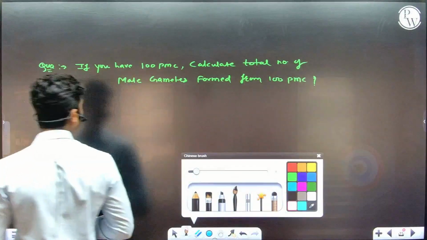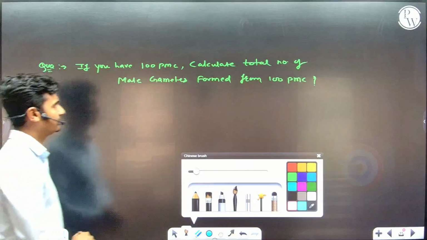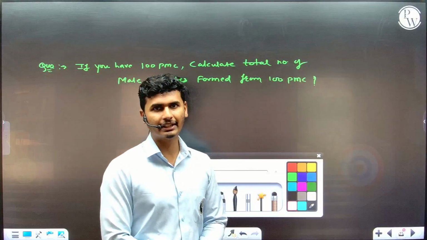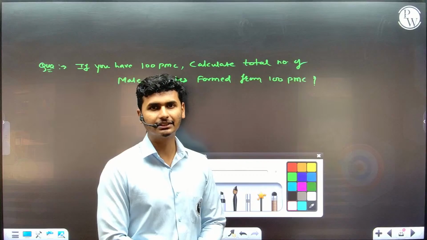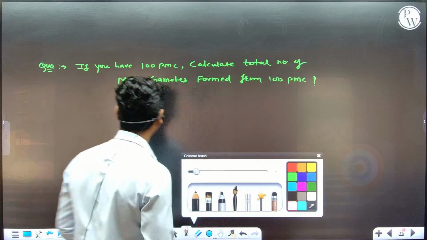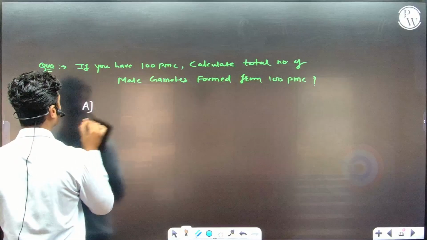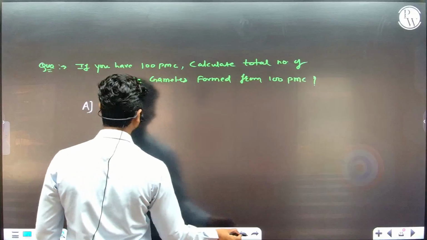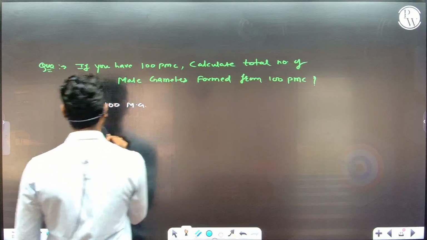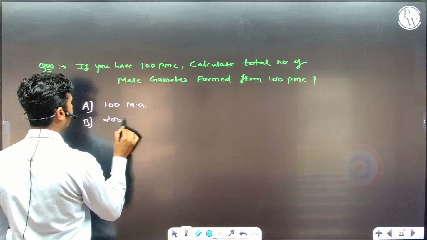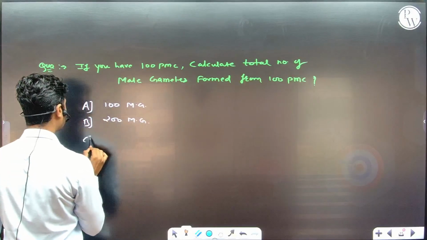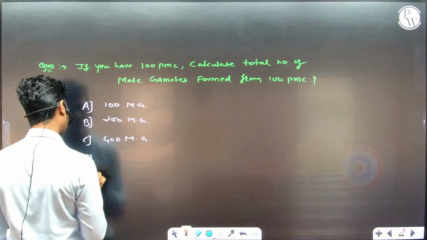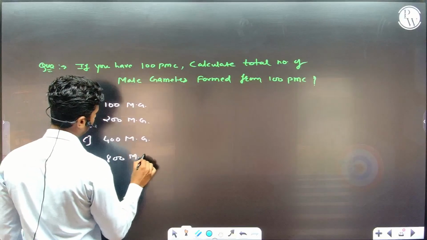Do you want options? Okay, fine. Option A, 100 male gametes. Option B, 200 male gametes. Option C, 400 male gametes. Option D, 800 male gametes.